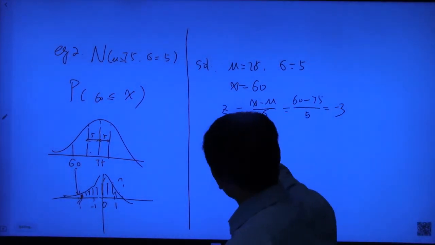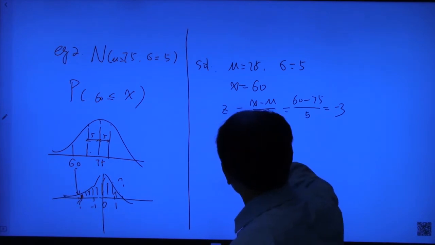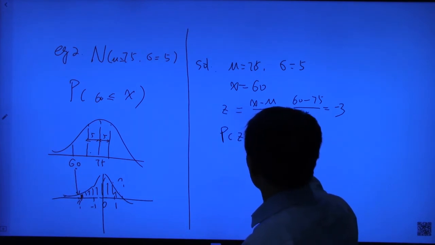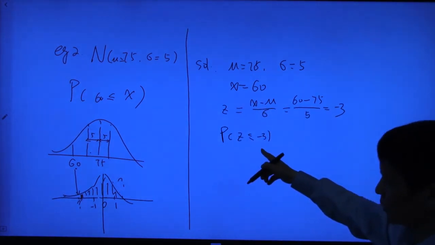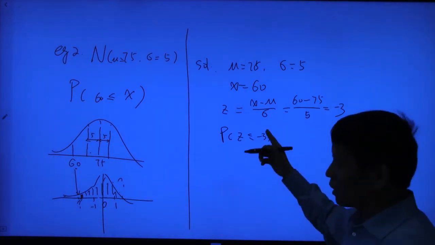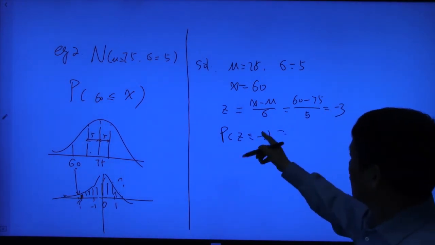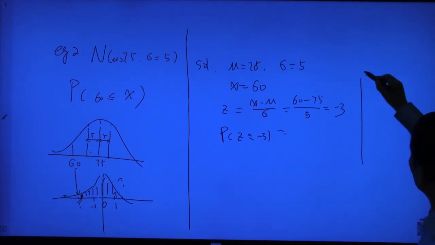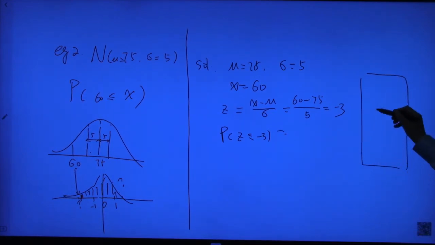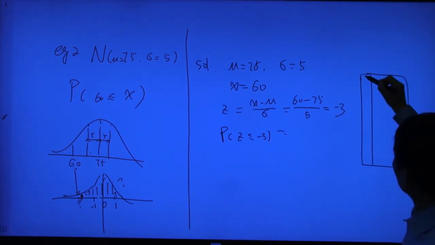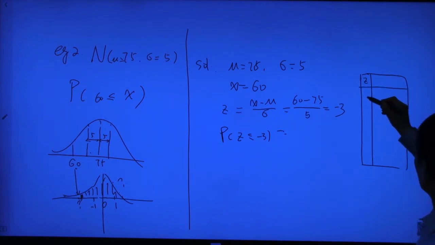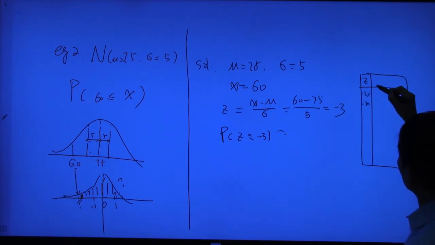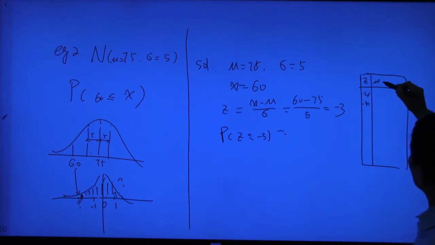Now the proportion of x, so here is the z-score. So z less than or equal to negative 3. Keep in mind, this one is not what we're looking for, but this number is given in the table. So from table A, again we emphasize how to use table A. This is z, and we have some part here, negative 3.4, negative 3.3, and so on.